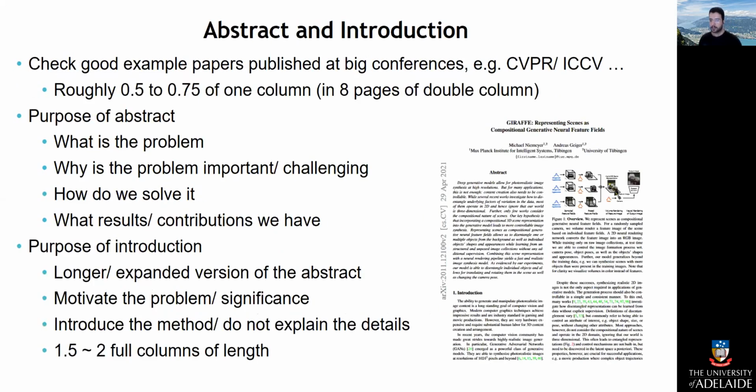Now going a little bit deeper in every one of these sections. First of all, again, it's recommended to put your work on a template of one of these big conferences, CVPR or ICCV. I believe they should have very similar templates like the ones that we can see on the right-hand side.